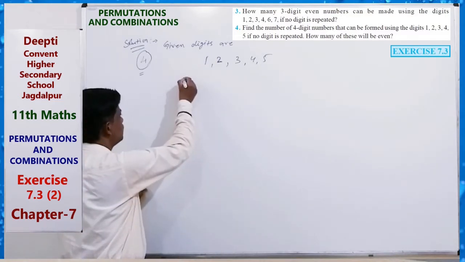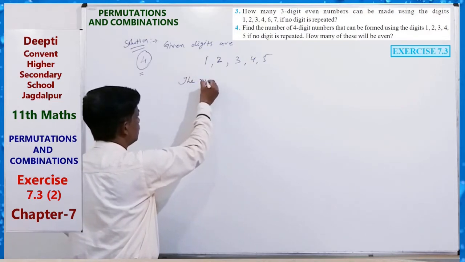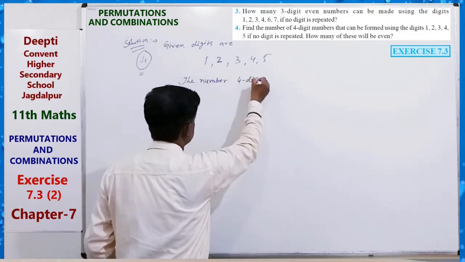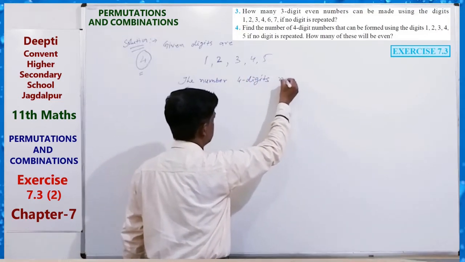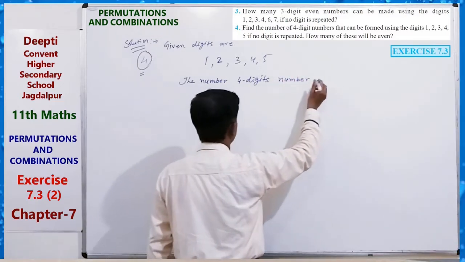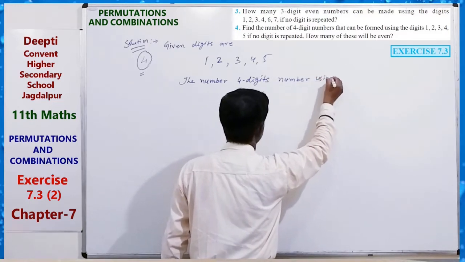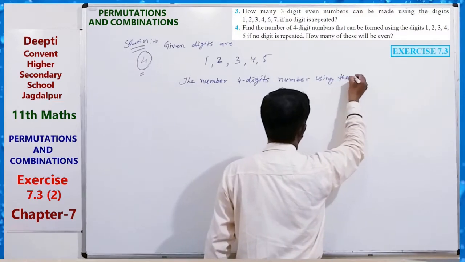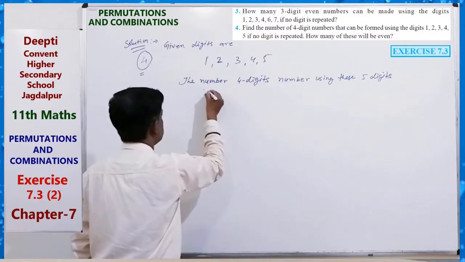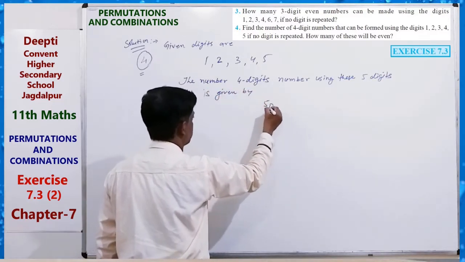So the number of 4 digit numbers using these 5 digits is given by 5p4.